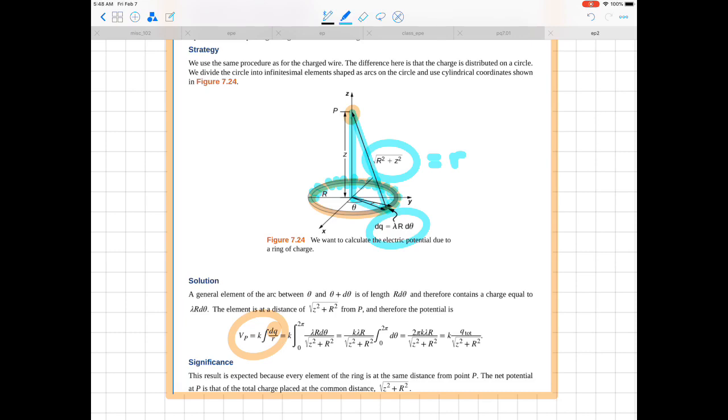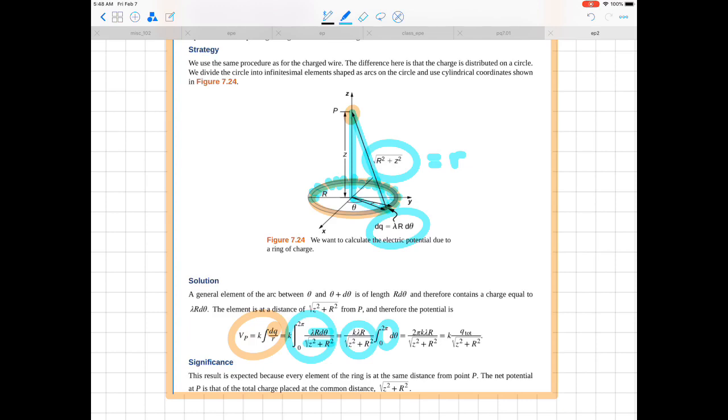And so when we look down here at the next integral, we've got our bounds from 0 to 2 pi. I've plugged in the lambda r d theta, and then I've plugged in for the little r value. And again, all of this stuff is just constant, so it comes out of the integral, and all you're integrating is d theta from 0 to 2 pi.